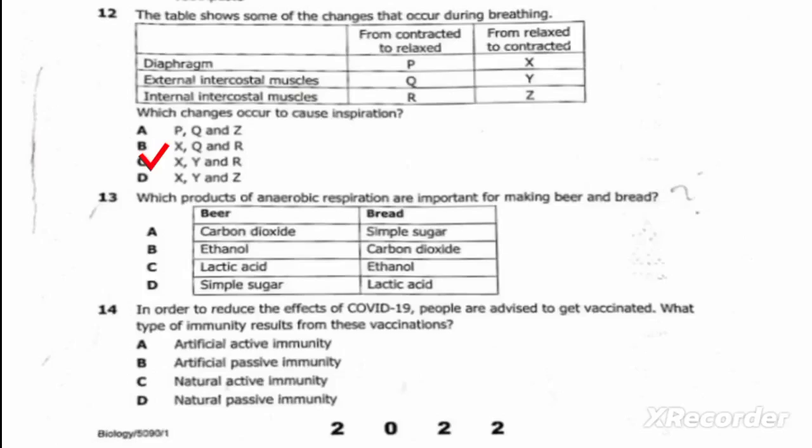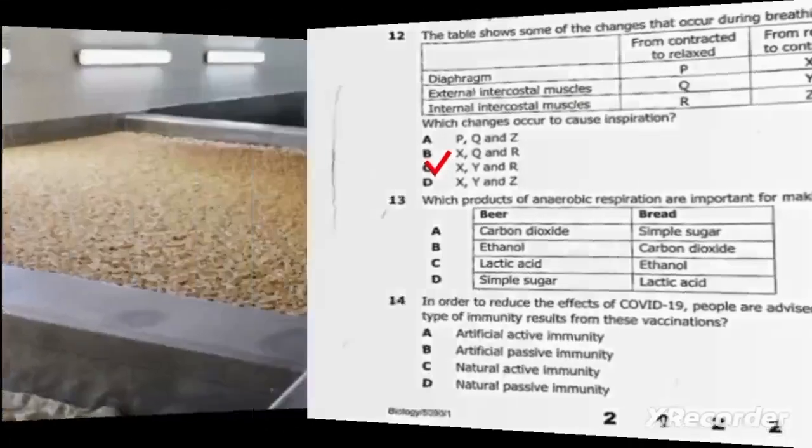The alcohol is the one needed during the making of beer, and making of bread requires carbon dioxide. The carbon dioxide produced will help to raise or expand the dough so that the bread can be baked.